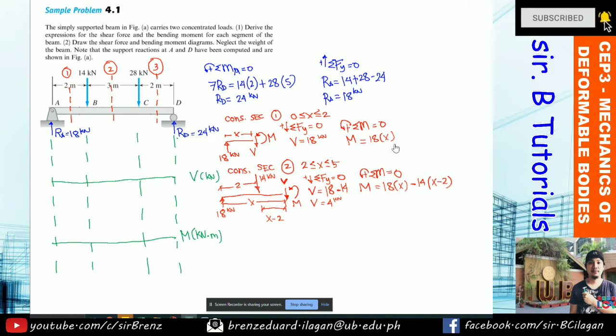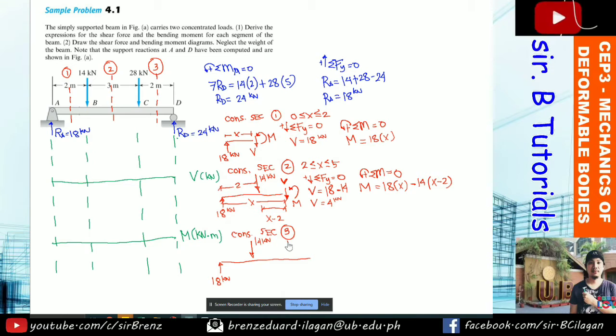Okay? And the last will be coming from this section 3. So ganun lang din. So when we consider the section 3, so ano yung makikita mo sa diagram mo? Ayan. So again, you have here the 18 kilonewton. And then here, we have 14 kilonewton.